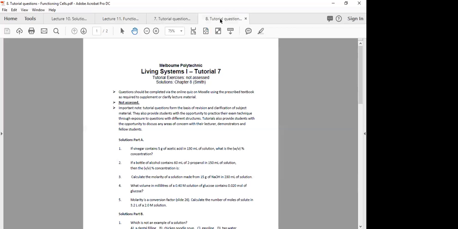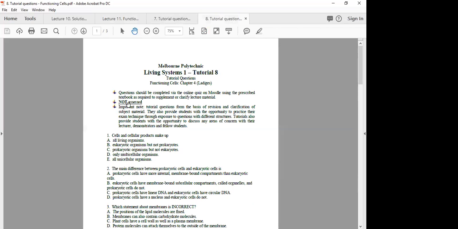And also for this week, another non-assessed set of questions on functioning cells. Once again, make sure you check your answers, and please let me know if there's any that you don't quite understand. If you get one incorrect, let me know.